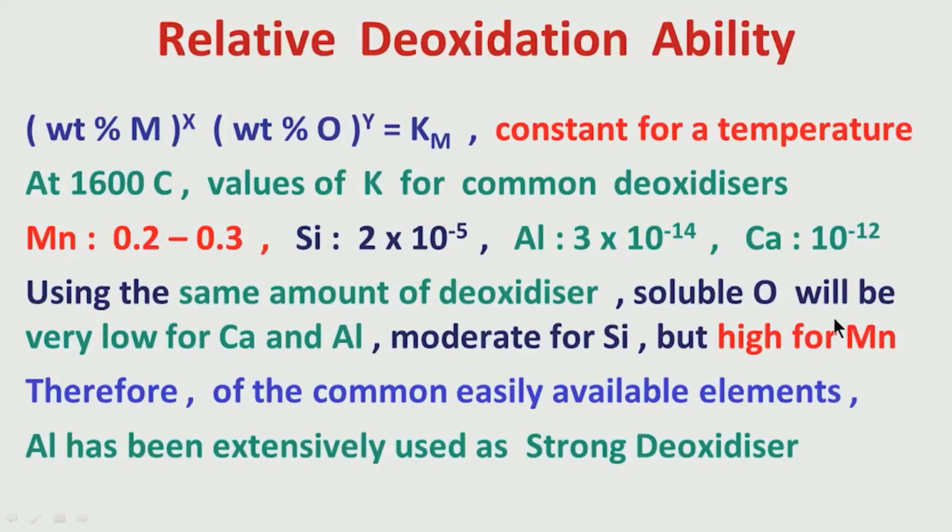So, at a particular temperature, using this relationship, we can find out what amount of a particular deoxidant will give rise to what amount of oxygen after deoxidation at equilibrium. So, we can know what the deoxidants are and, after deoxidation, what the amount of oxygen is.